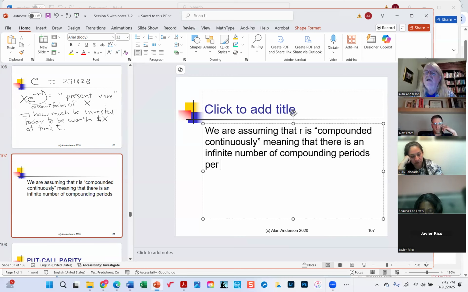Now, in practice, you don't normally see continuous compounding. The closest we get to that is daily compounding, where the bank is attributing to your account 1/365th of the rate of interest every single day.